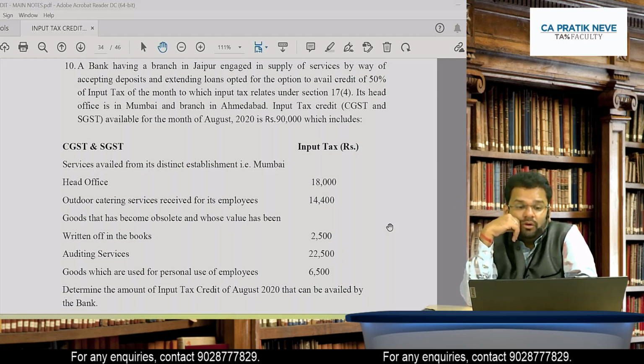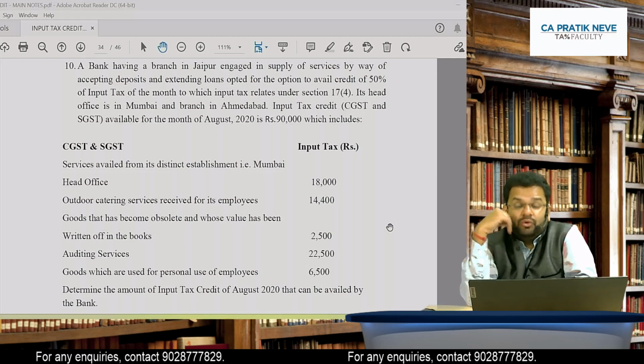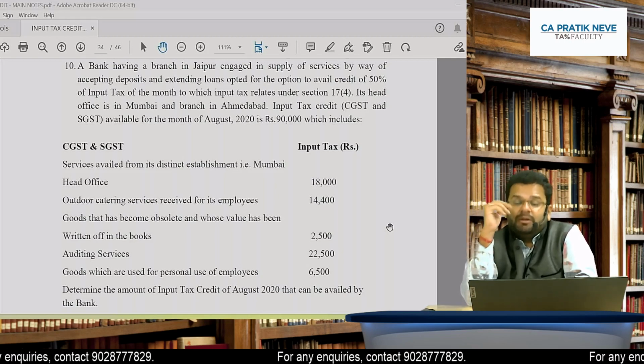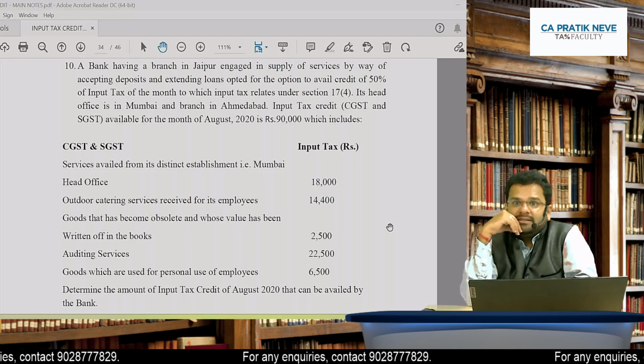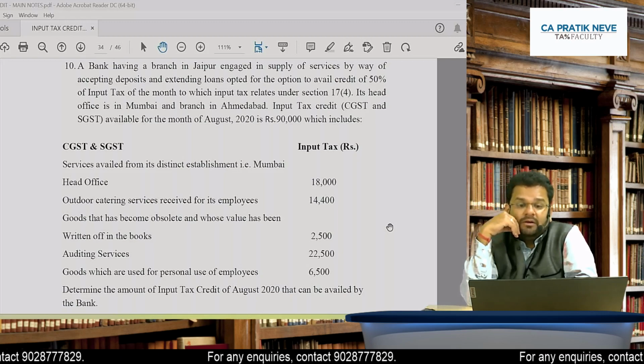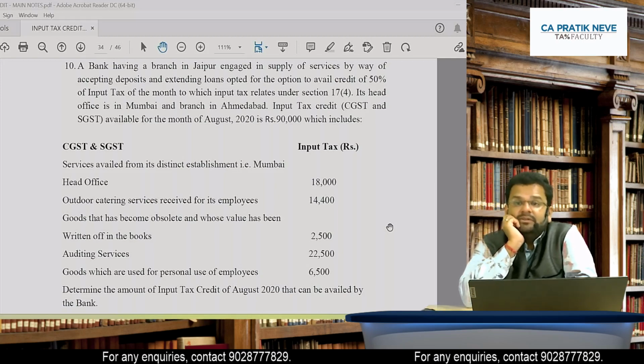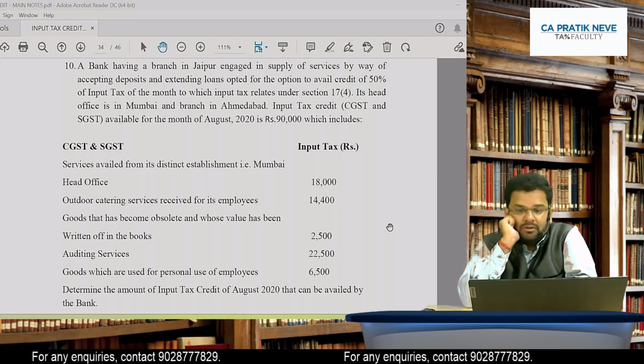But you know that out of 72 you cannot say that 72 is eligible. Why is 72 entirely not eligible? Because it has outdoor catering service. What happens with outdoor catering service? You cannot claim, it is blocked. So please minus 14,400.